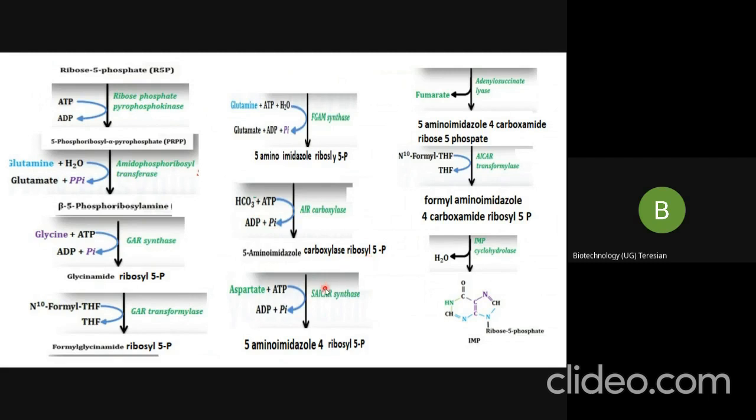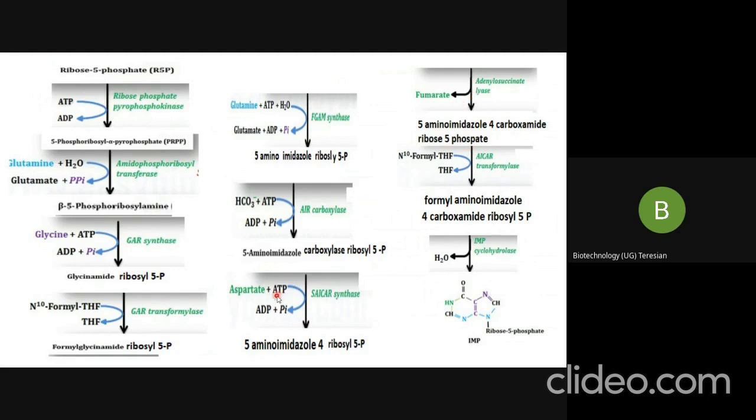The next reaction occurs in the presence of the amino acid aspartate, where ATP is utilized in the presence of the enzyme synthase to produce 5-aminoimidazole 4-ribosyl 5-phosphate. In the next reaction, you will see the formation of 5-aminoimidazole 4-carboxamide ribose phosphate, which occurs in the presence of the enzyme adenylosuccinate lyase, releasing the fumarate.